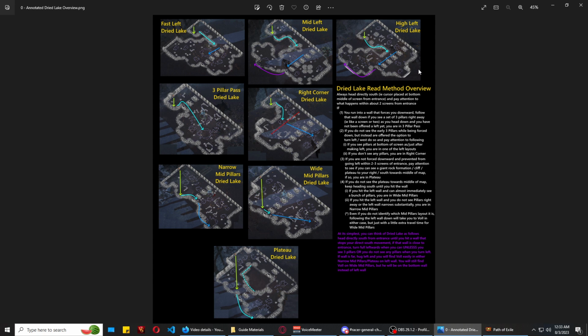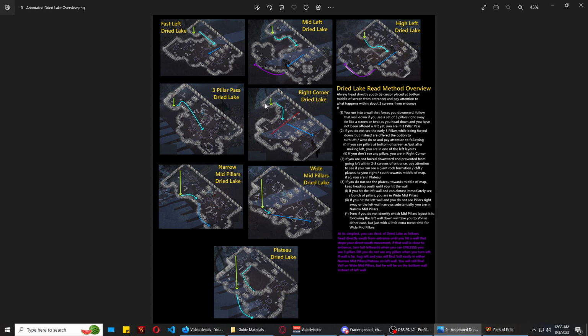So with Dried Lake, we are always going to go directly south from the entrance, and we are going to pay attention to what happens about 2 to 3 screens south of the entrance.